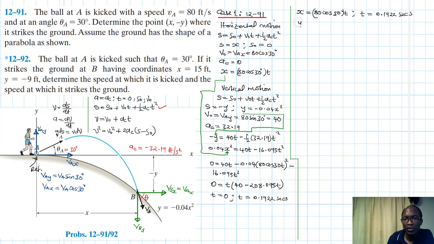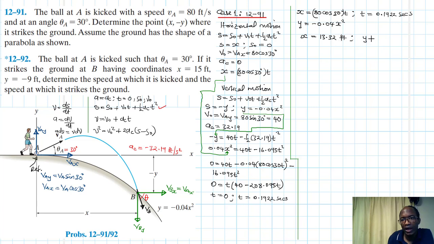And then we also know that our y is equal to minus 0.04 x squared. Therefore, our x is equal to, replacing the time in there, 80 cos 30 times 0.1922, and this gives us 13.32 feet.